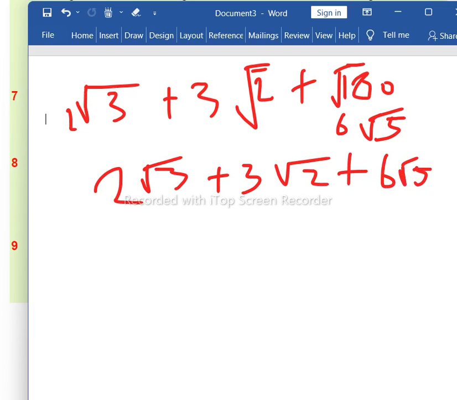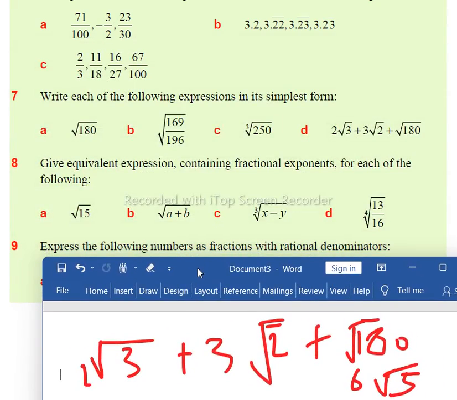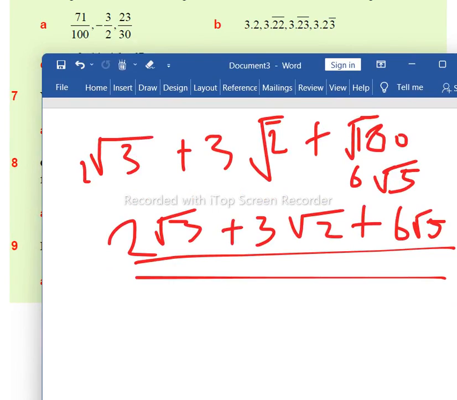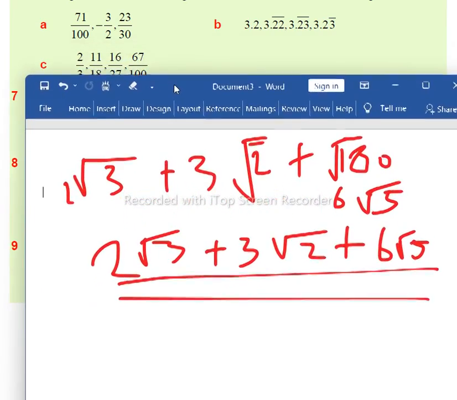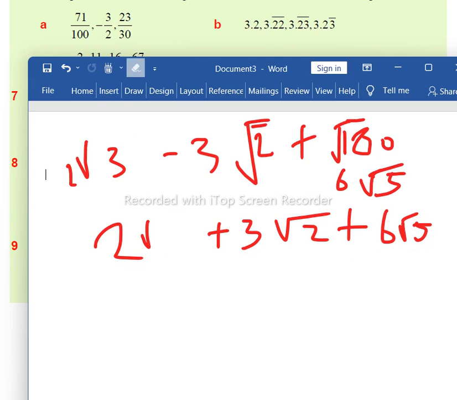So I think it is not simplified more than this. So we write this question as it is, like this. So this is all about question number 7.